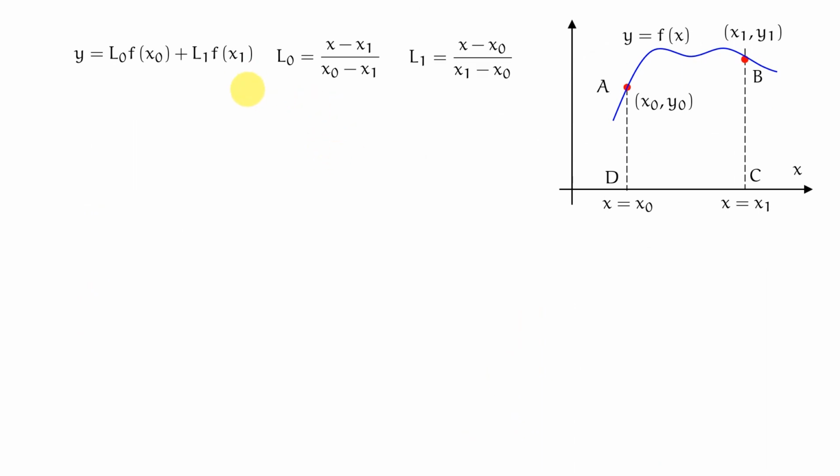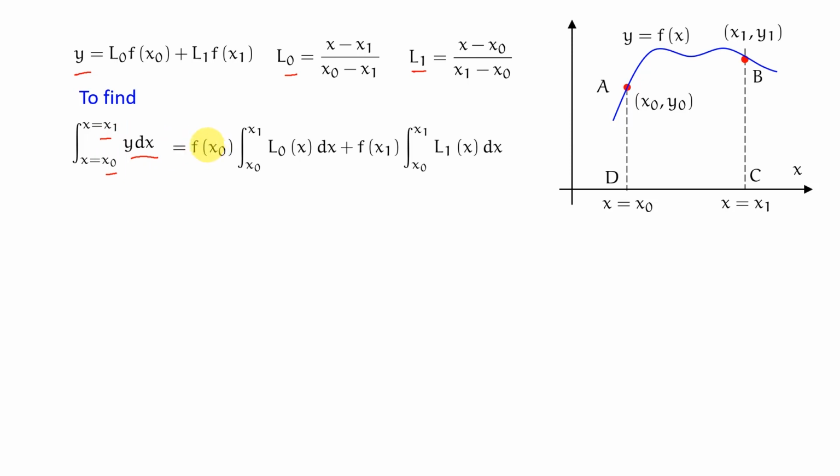Now with this expression of y as a straight line, and with this given L0 and L1, we want to find the integration of y dx from x0 to x1. We start by putting this expression L0 f(x0) plus L1 f(x1) in place of y. f(x0) is simply a constant. This is the value of this function y equals f(x) at x equals x0.